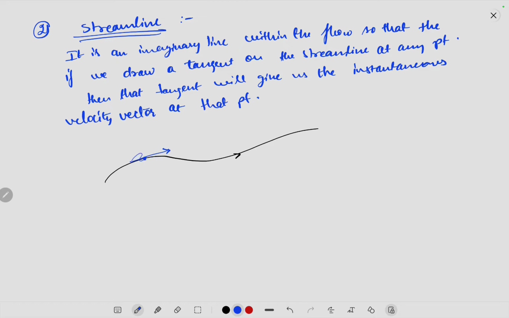So this is the instantaneous velocity vector at this point. Similarly, this would be the instantaneous velocity vector at this point, and this would be the instantaneous velocity vector at this point. Okay, so I hope this concept is clear to you. This is a Eulerian description.